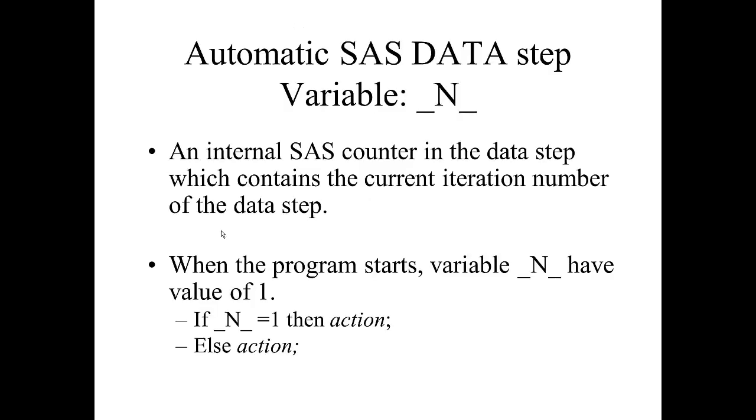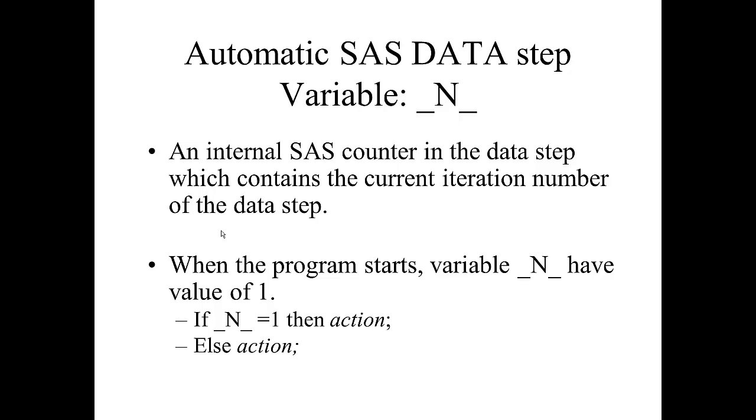The last thing I wanted to mention in this video was an automatic variable called _n_. And this is a helpful variable that can be used, and it's only available in the data step. This variable is not outputted onto your data set.